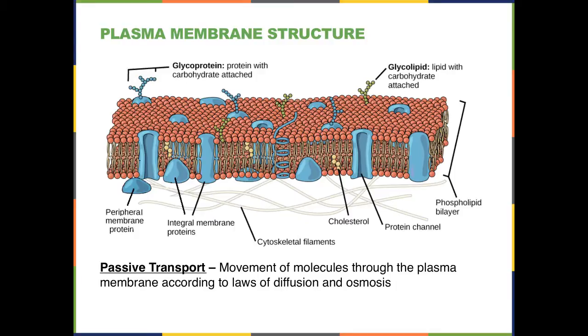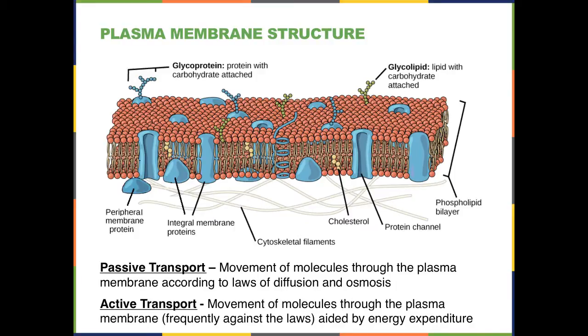The other form of transportation is active transportation, and this is the movement of molecules through the plasma membrane aided by energy expenditure. Commonly, the reason that this has to be done is because it's actually against the laws of diffusion and osmosis. And so the cell will actively pump molecules either inside the cell or outside the cell, and the energy is required, and if this energy was not expended, then the molecules wouldn't be there.